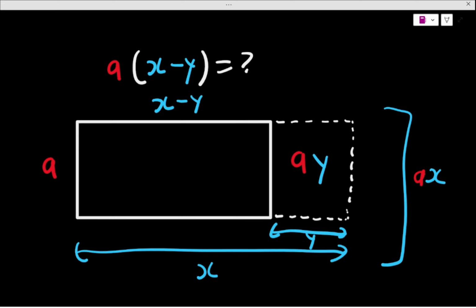So the remaining rectangle, the part that we're interested in, is going to have an area of ax minus ay, which means that a times x minus y is equal to ax minus ay.